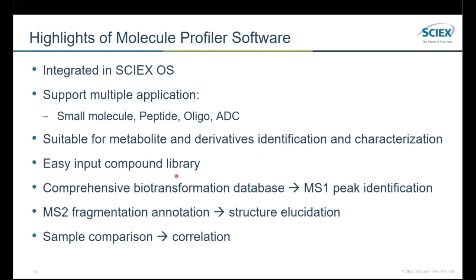You can build your compound library, and it has a comprehensive biotransformation database. We're going to talk about that in the live software session soon. It works based on MS1 peak identification, and MS2, the MS/MS fragmentation annotation, is used for structure elucidation. It can also help you do sample comparison, which we call correlation.